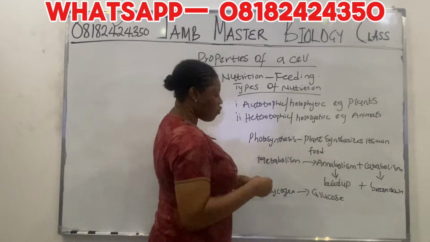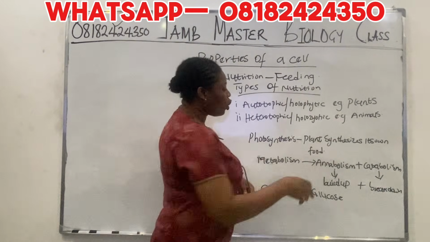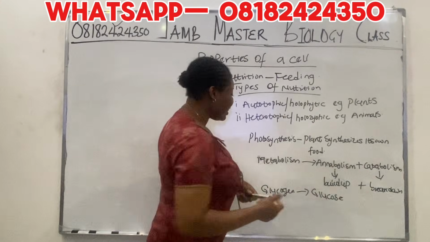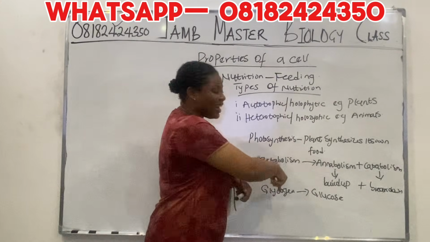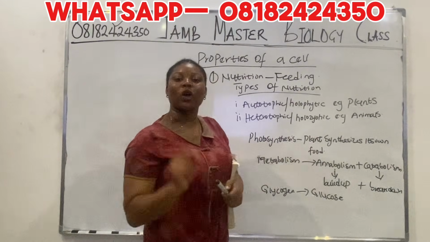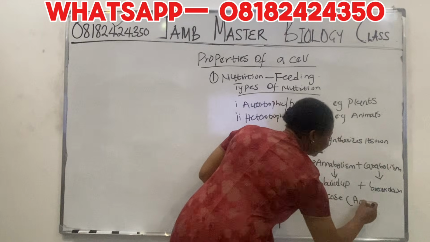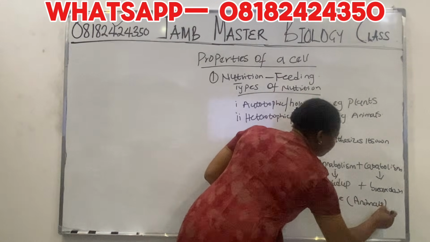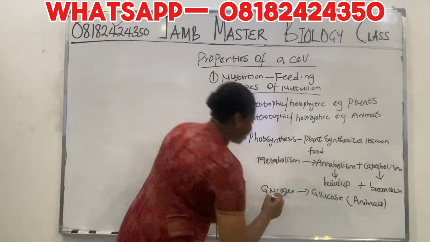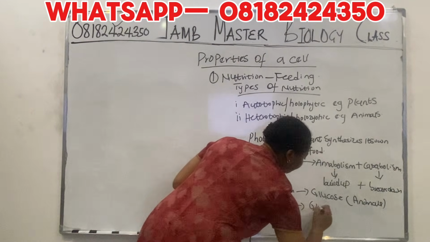When your body converts glucose to glycogen, because your body cannot just store glucose, for glucose to be stored in a cell or any organ of the body, it must be converted to glycogen. That is for animals. But in plants, glucose is stored as starch. These are the things that you should know, because they always ask you in JAMB.